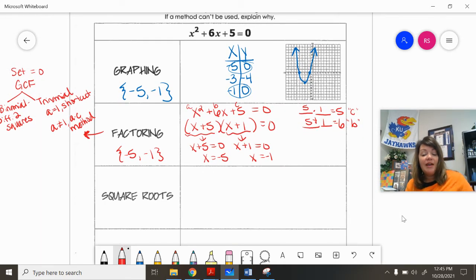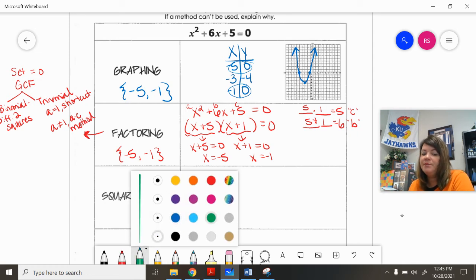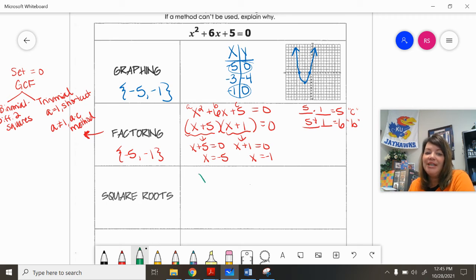Well, if we were in class together, I would say, can we solve this one by square rooting? Like, what's the deal with square rooting? How come we can't solve this one by square rooting? Well, I hope you're thinking to yourself, we can't solve this one by square rooting, Miss Reynolds, because it has a B term. x squared plus 6x plus 5 equals 0. This is a B term, okay?